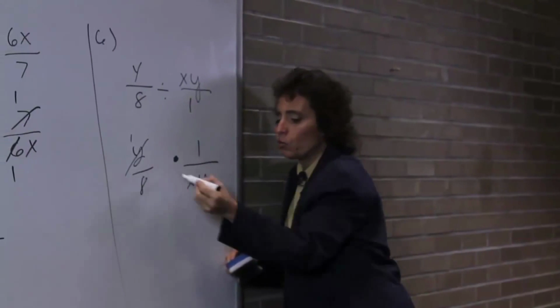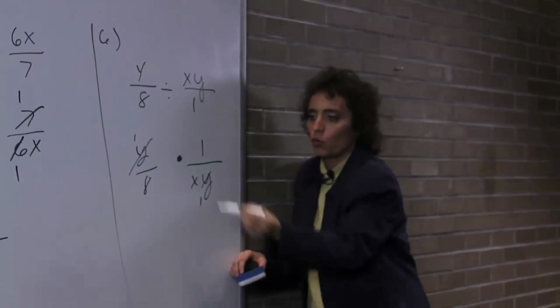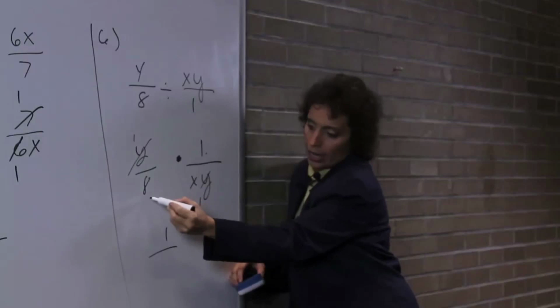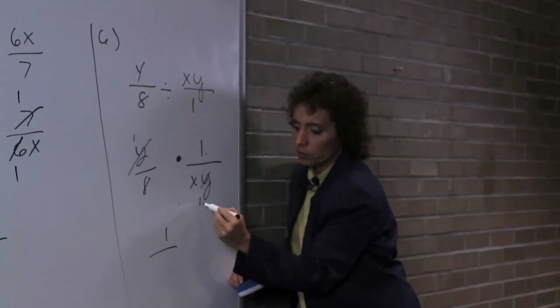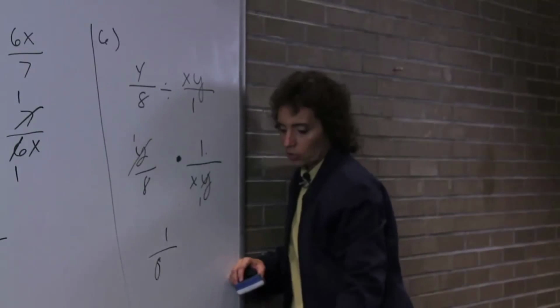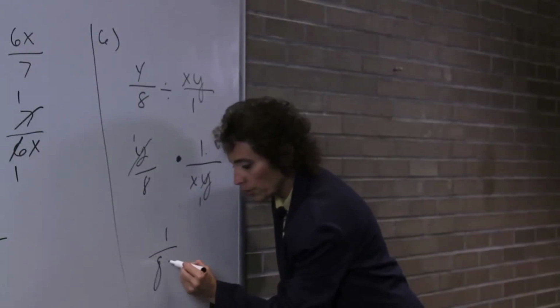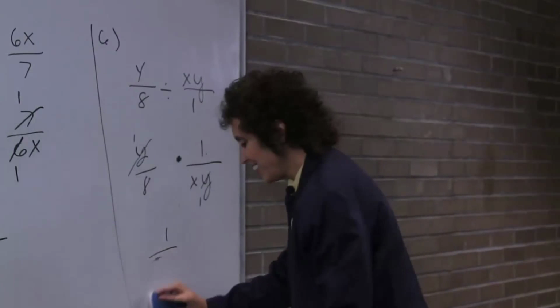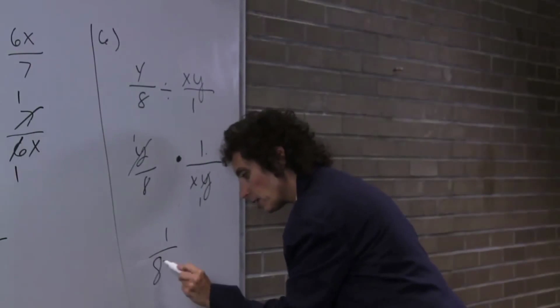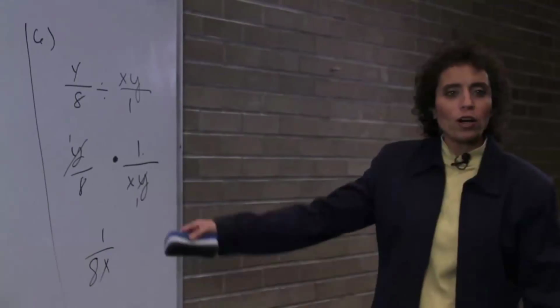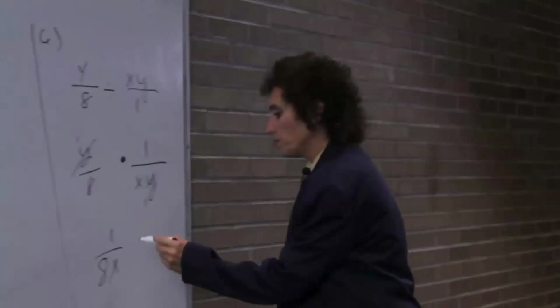But it's up to you where you want to reduce. It doesn't matter. Y goes into y once, so we have 1 times 1, which is 1. 8 times x is 8x, times 1 is 8x. I should probably stay away from the number 8. Anyway, 1 over 8x is your answer there.